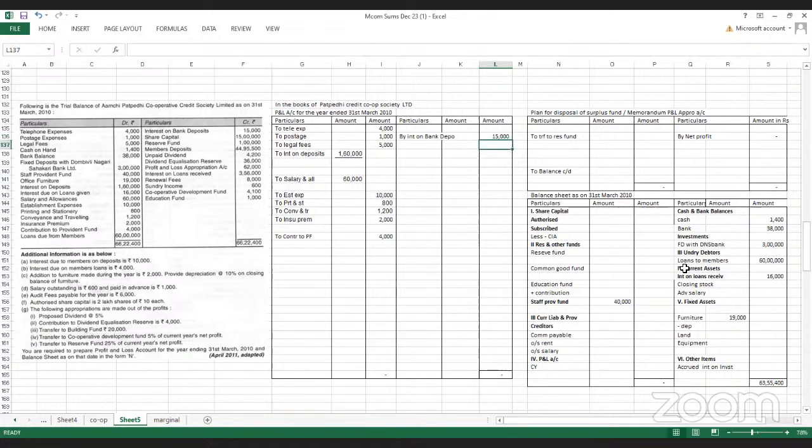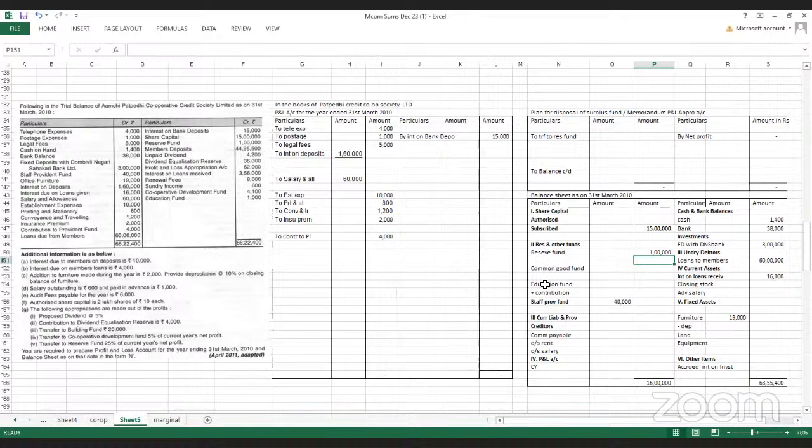Share capital, we'll put under share capital, subscribed share capital, 15 lakhs. Next, reserve fund. Reserve fund we already have, 1 lakh. Members' deposits, we have a deposits head.